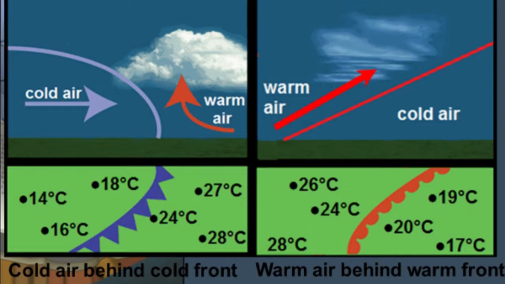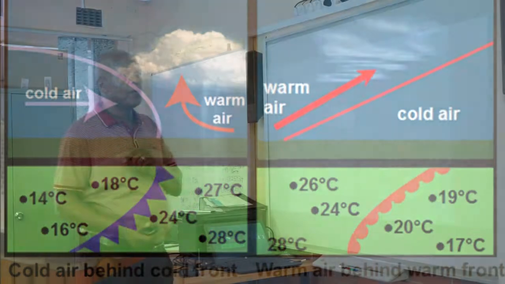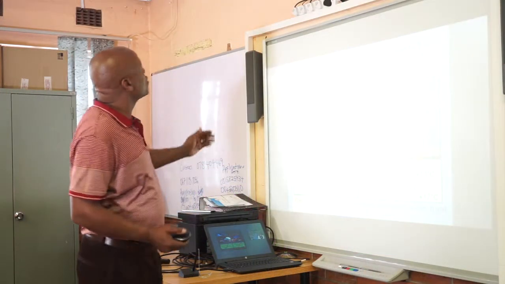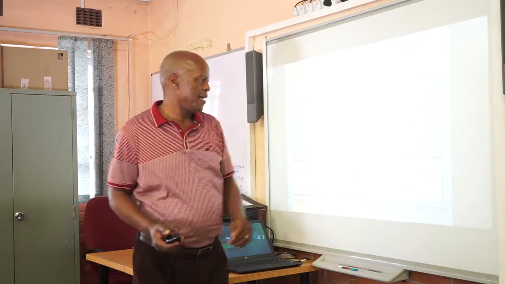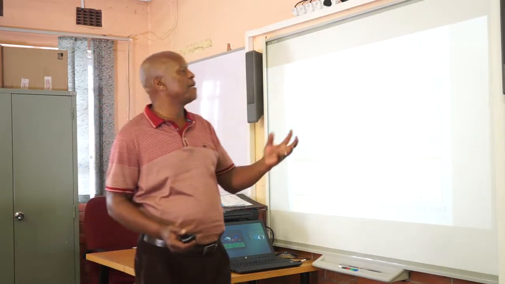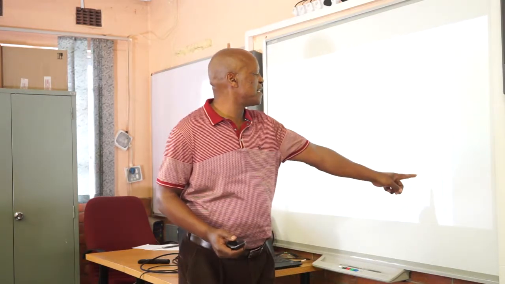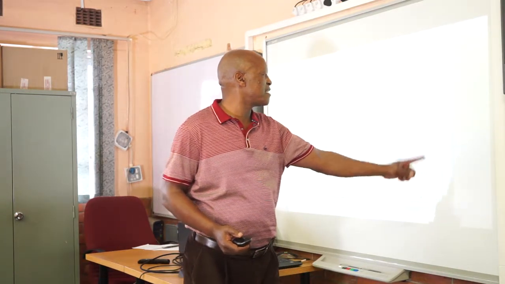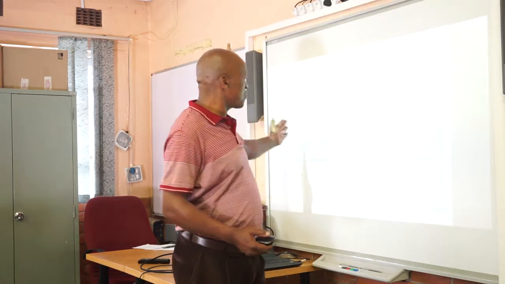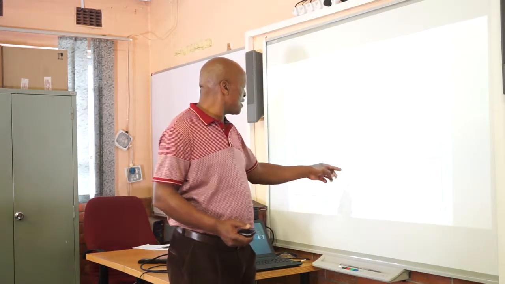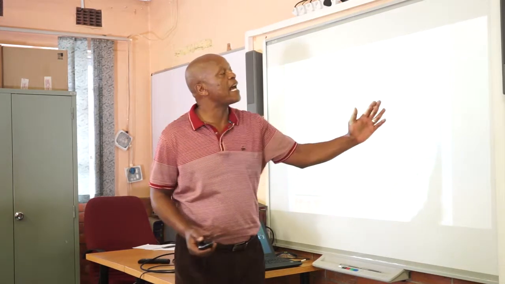And 17. Now, that is why when a mid-latitude cyclone moves from west to east, let us say the place where you are here, you experience temperatures between 19, 20 and 17. As it moves from west to east, the temperatures will do what? Will increase. So this 27, 26, 28 will arrive at you.